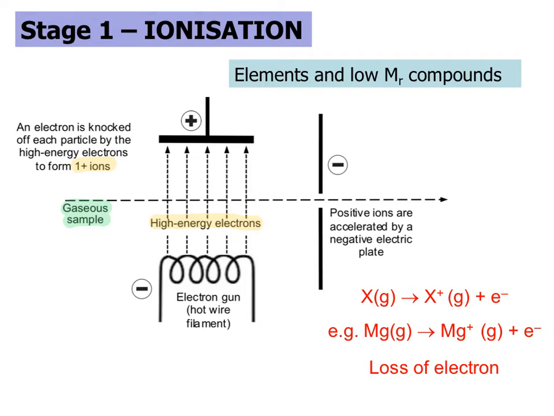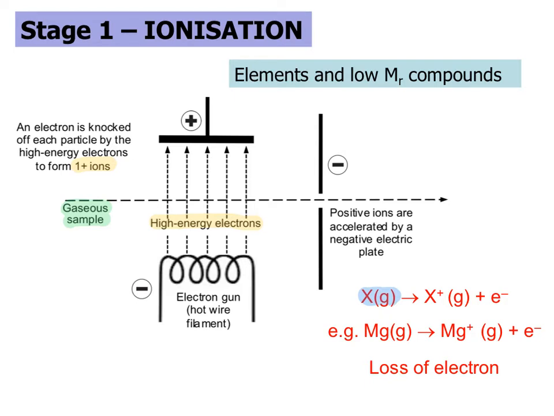Now, this ionization is crucial, because without it we won't be able to accelerate our sample so that we can get information about it. So the bottom right hand corner of this page shows us some example equations representing the ionization of our sample. Our sample just hypothetically is X. It's gaseous because we've vaporized it.